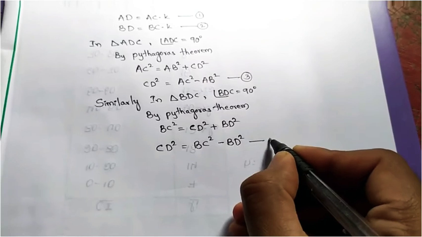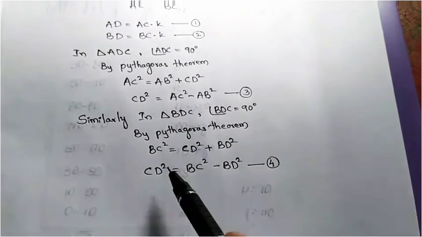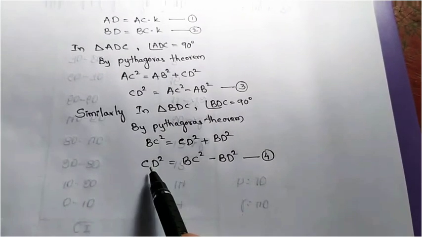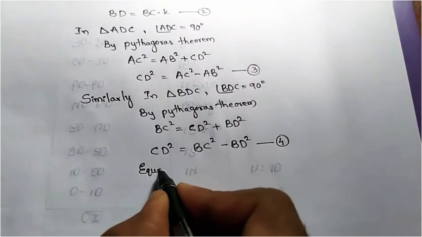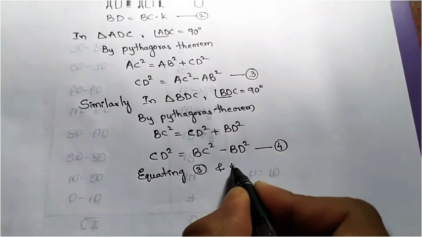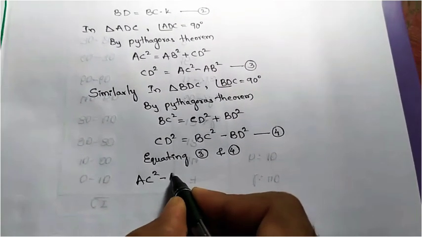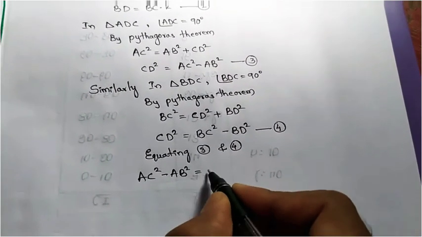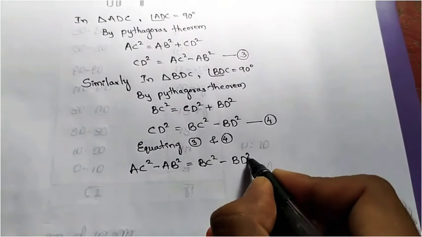Let us take this as equation number 4. Equation number 3 and 4 both are equal to CD square, so equating them, we get AC square minus AD square equal to BC square minus BD square.